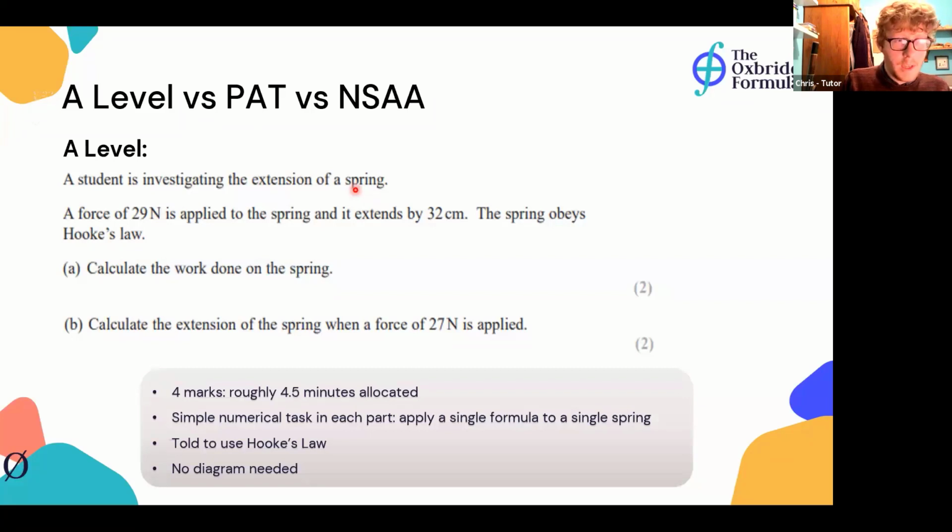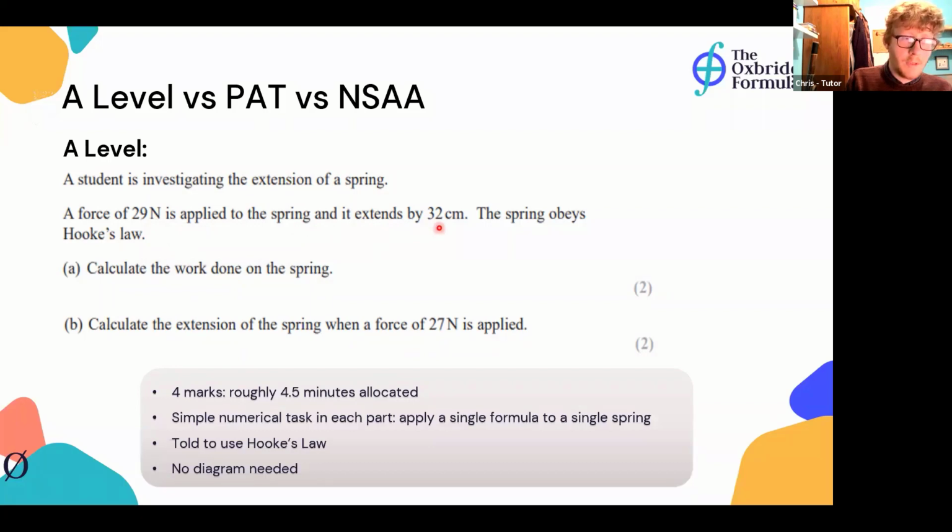So if we look at the A-level question, this is a 4-mark question. And that means in the exam, you'd have roughly 4.5 minutes for this number of marks. And the tasks you're being asked to do are simple numerical calculations. So part A, you're asked to calculate the work done when there's a force of 29 newtons and extension of 32 centimeters.